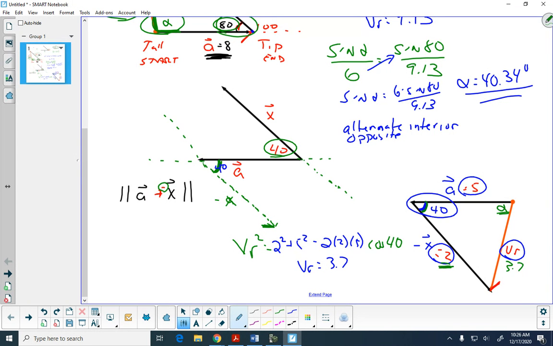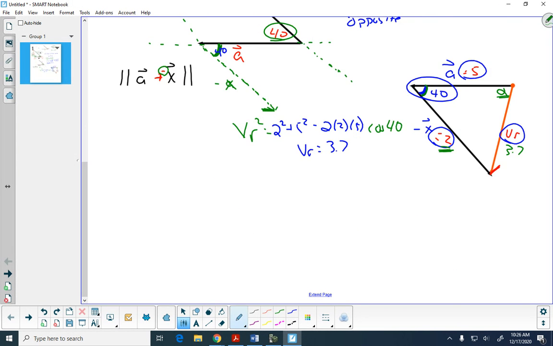So it should be the smallest angle, so there's no way for this to be an obtuse angle, because we're across from the value of 2, and that's my smallest side. So it has to be the smallest angle, cannot be obtuse. So go ahead, set your law of sines equation up, solve for alpha.